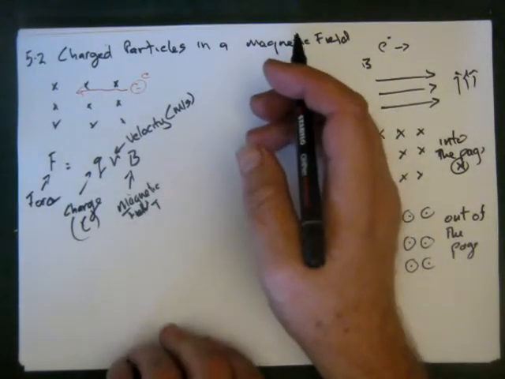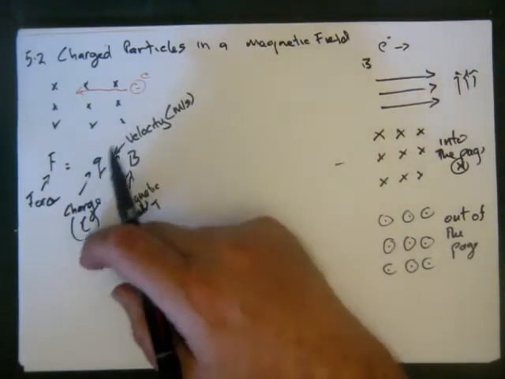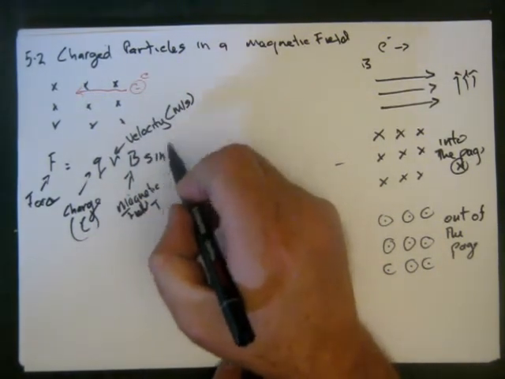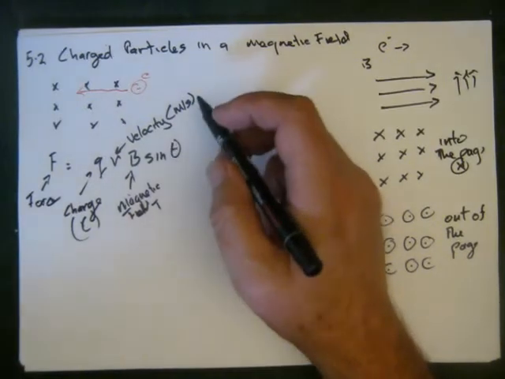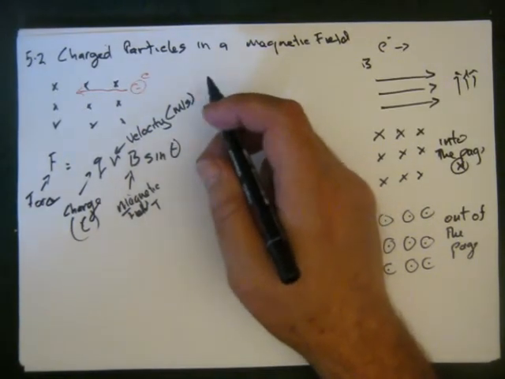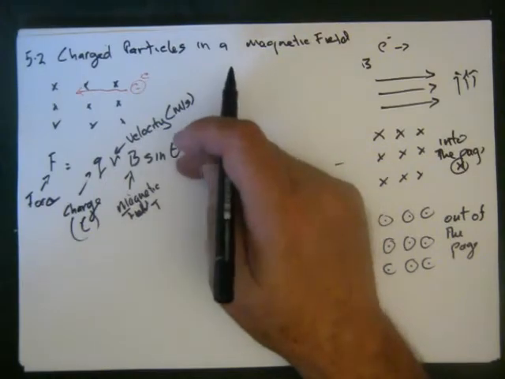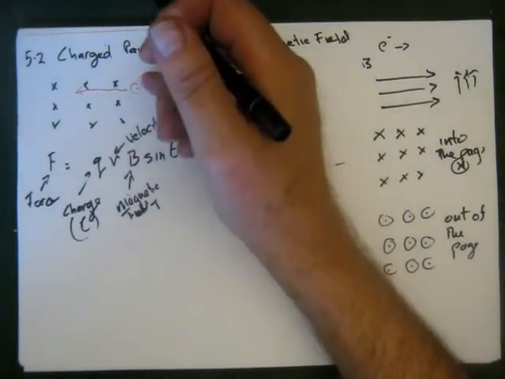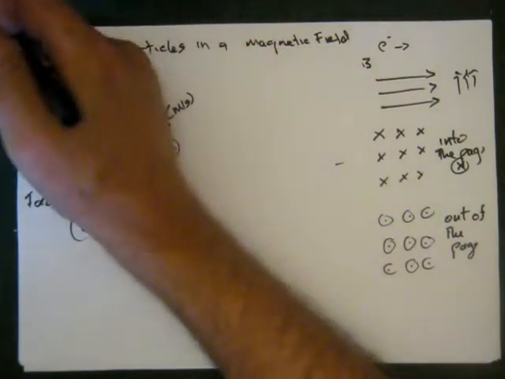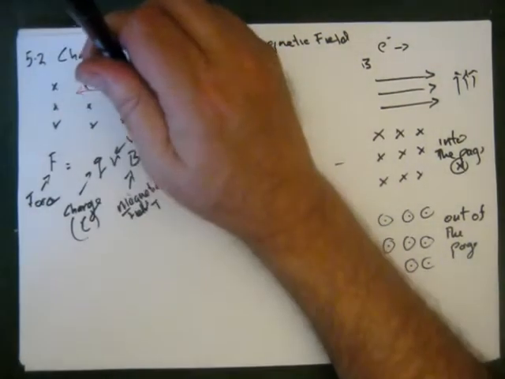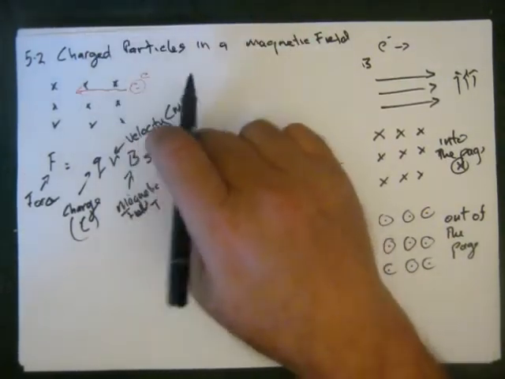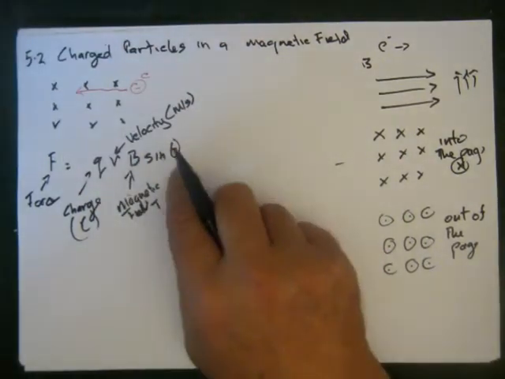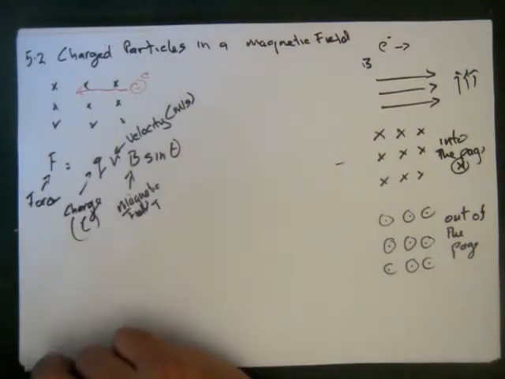Remember, Tesla is newtons per amp meter. Then sine theta, whatever angle the charge is moving at. So basically it says for the strongest, greatest effect, the electron has to be going at right angles to the field. If it were going in the same direction as the field, sine would equal 0, whereas if it's going at right angles, sine 90 equals 1. So that becomes the greatest effect.